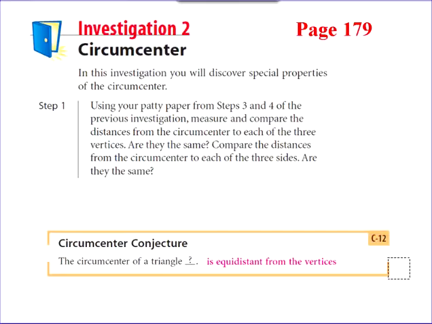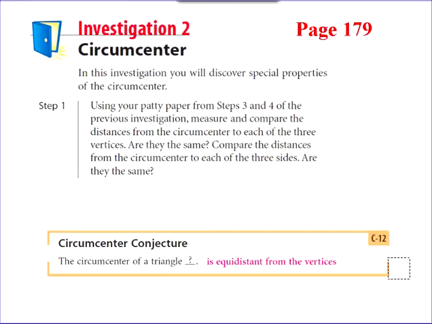Now hold that down and try to draw a circle. See what you notice. Nice, it makes a perfect circle.